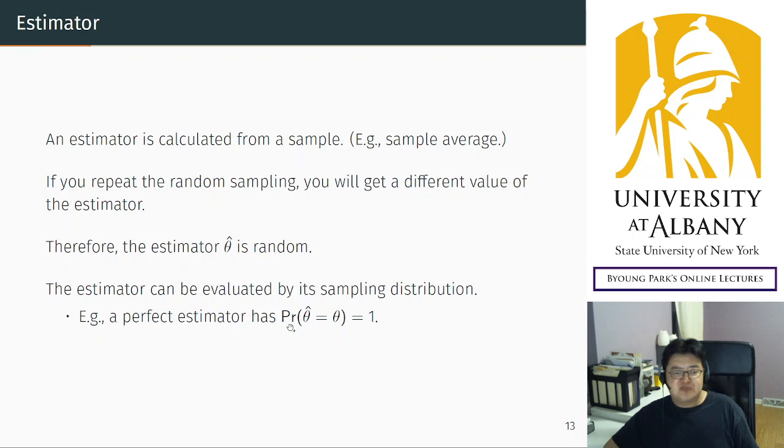Then where is this probability from? The probability is calculated based on the sampling distribution of the estimator. That means even if you resample again and again and again, every time your estimator will be perfect. So the evaluation is based on the sampling distribution.